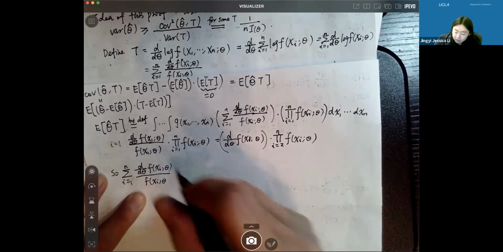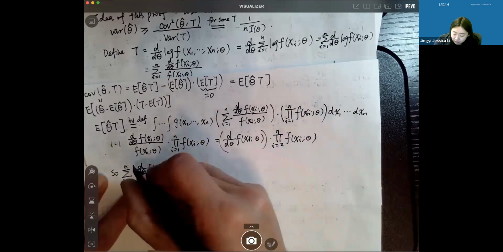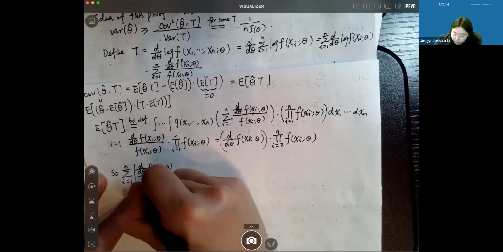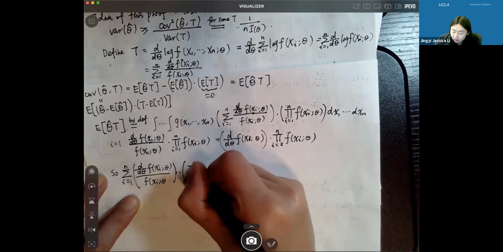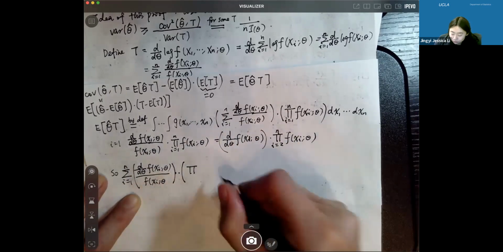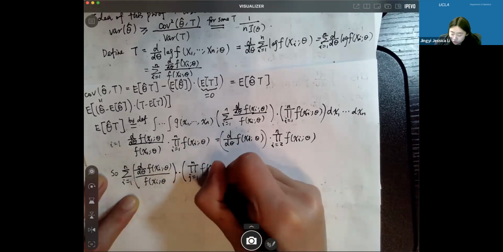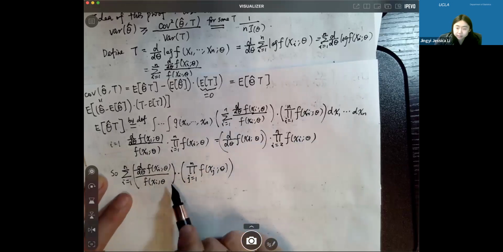Okay, this is the term. And now let me put this product inside, times, I'll just use a different index to avoid confusion, j from 1 to n, f(xj; theta). So I move the product inside the summation.